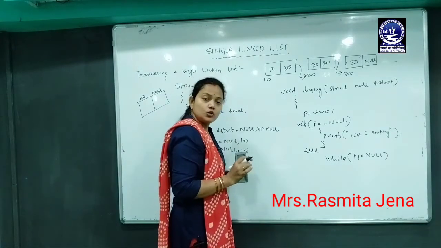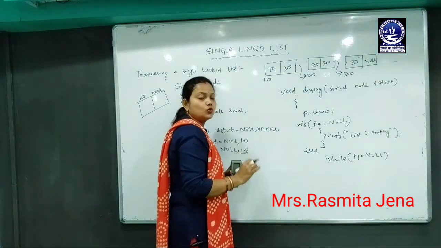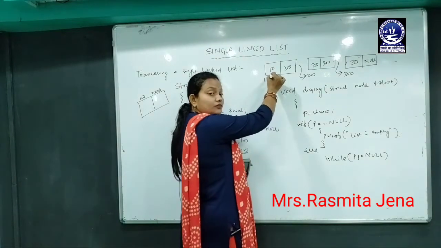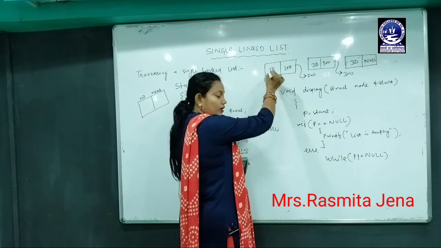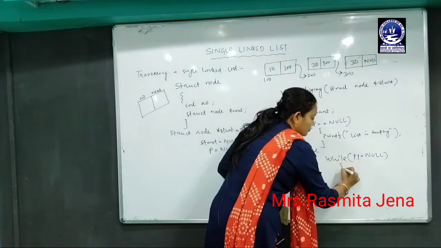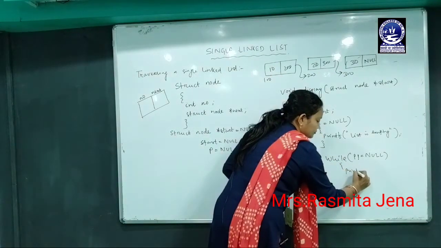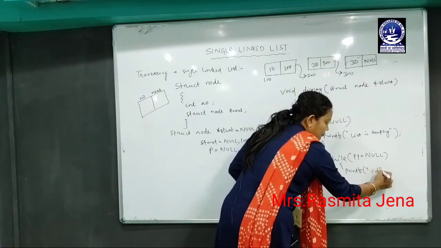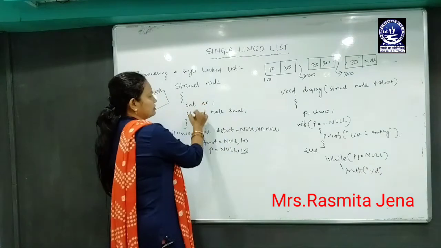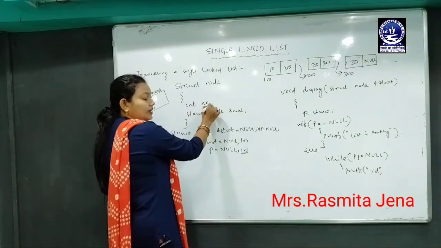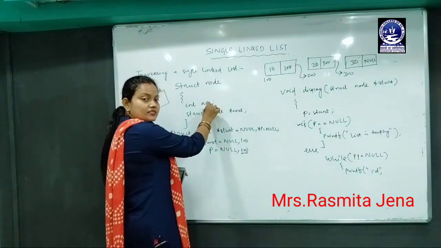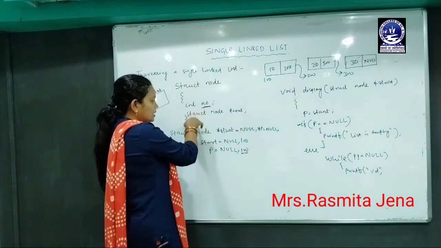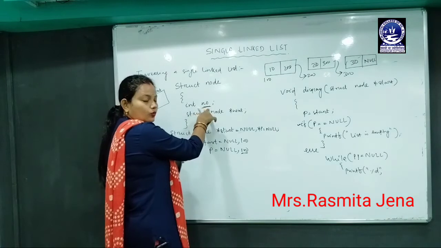This condition is true. As this condition is true, then we will display the number part or data part of the 100 node. Okay. So for that I can write printf %d, because we are creating the structure of the node which contains an integer data. That means the data part of the node will contain an integer value, as we are declaring int no. Okay.